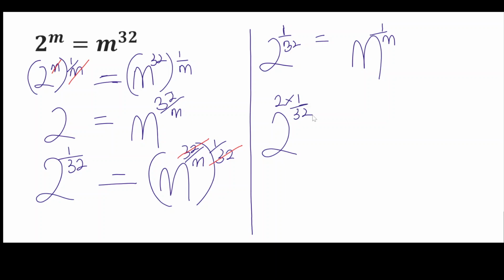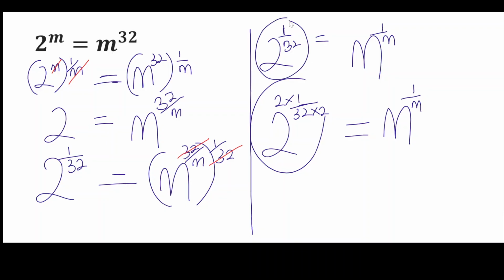It's the same thing as 2 times 2, which is the same thing as 2 over 64, which is going to be equal to m to the power of 1 over m. So it's still the same thing. I've not really changed anything. 2 to the power of 2 times 1 over 32 times 2 is the same thing as 2 to the power of 1 over 32, as I have above. So nothing has been changed.